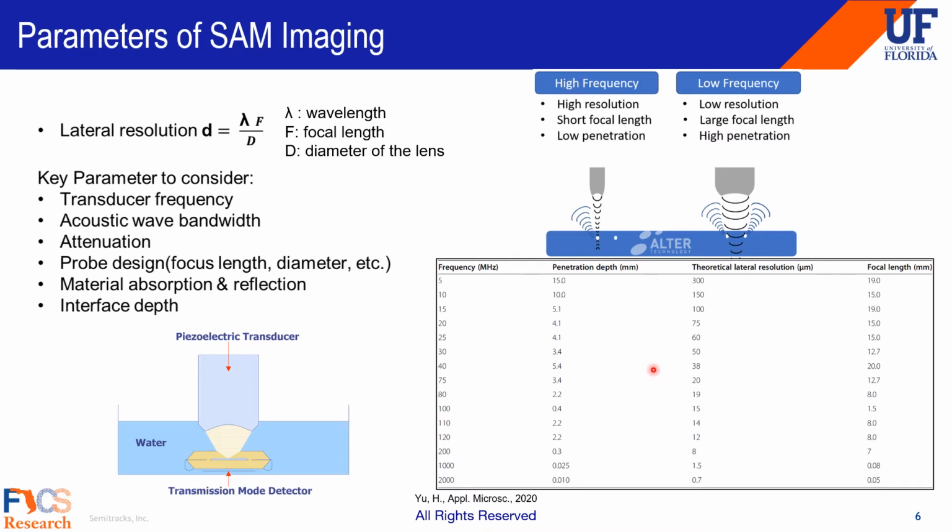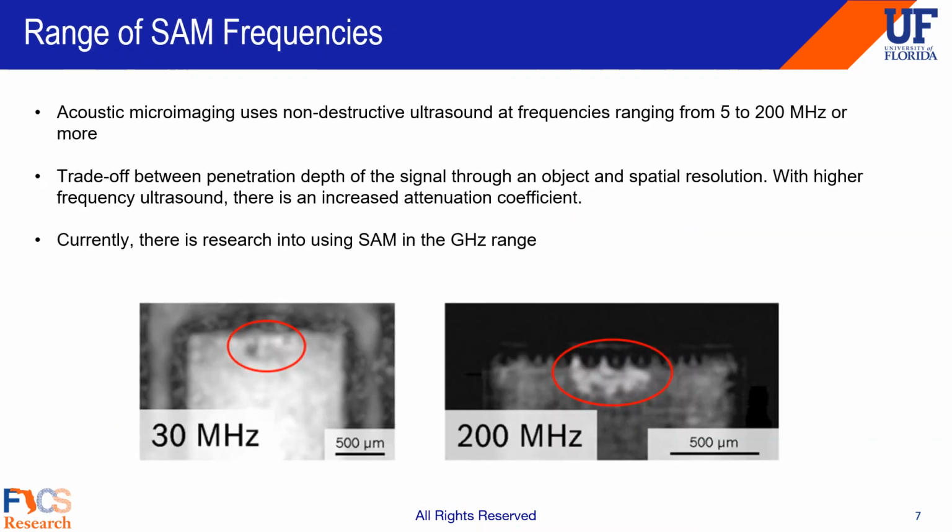If, let's say, we want a specific focal length or resolution, for example 100 microns in resolution, we'll pick the 15 megahertz one. But in this case, the focal length is 19 millimeters, which is significantly longer than the 10 or 12 we just mentioned.